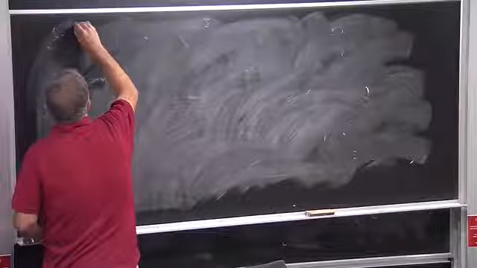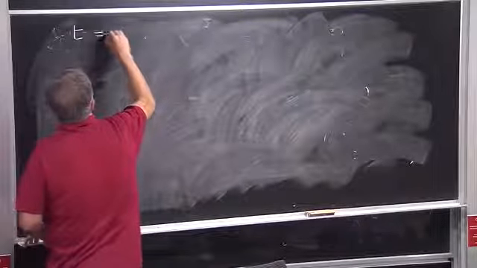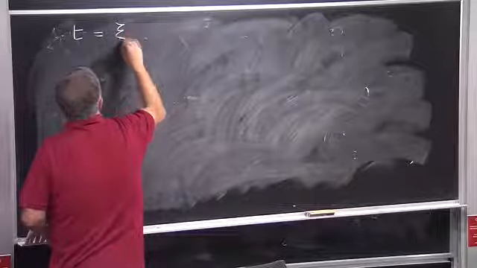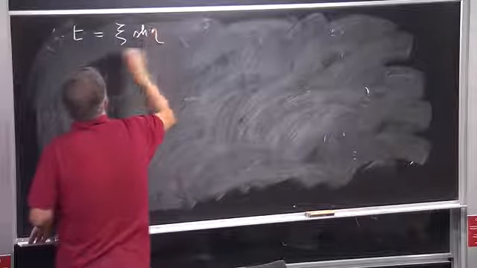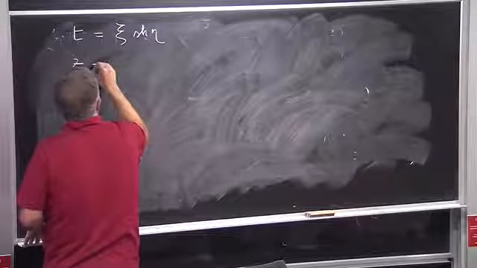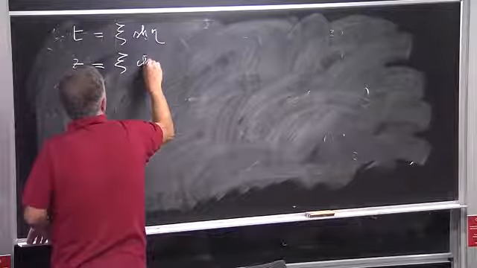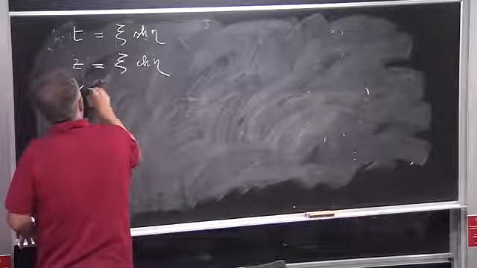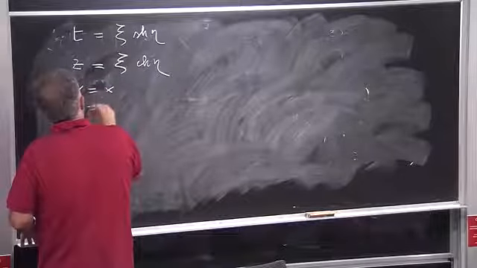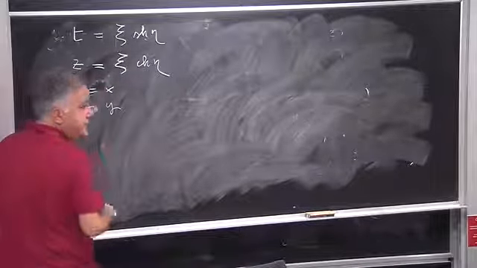So we built a coordinate system, and there are two other spectators, which are the transverse variables.